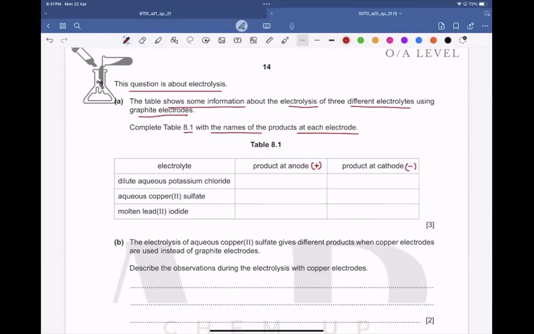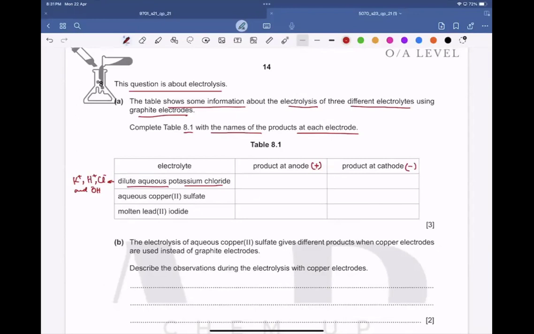When the positive ions approach the cathode, they turn into an element. So it's dilute aqueous potassium chloride. It means it has potassium ions, hydrogen ions, chloride ions, and hydroxide ions. So at the anode, which ion is going to reach?